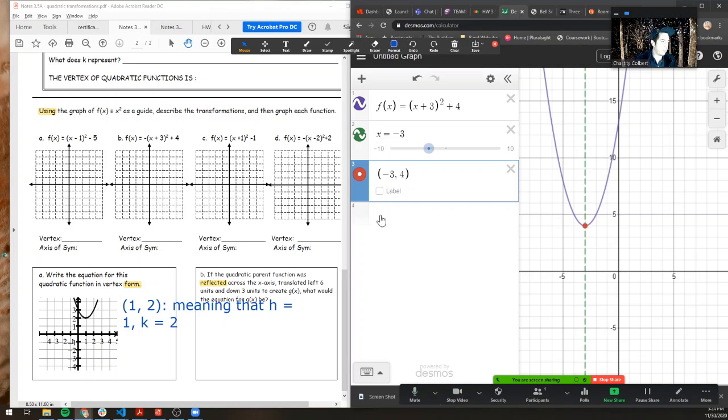There's that point. There's also a point here at negative 2, 5. Right? This blue dot, because it went over 1, up 1. If you go from the vertex again, over 2, up 4, 1, 2, 3, 4, that should be at negative 1, 8.